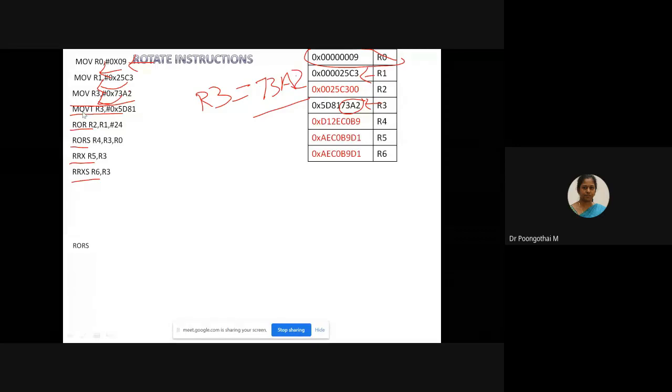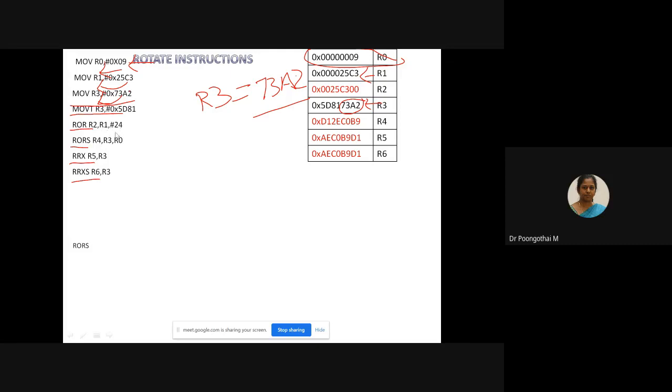After move top, the next instruction included here is ROR R2, R1, #24. According to this instruction, all the bits of your R1 are moved 24 places to the right. Is that clear? Your R1 holds 25C3.